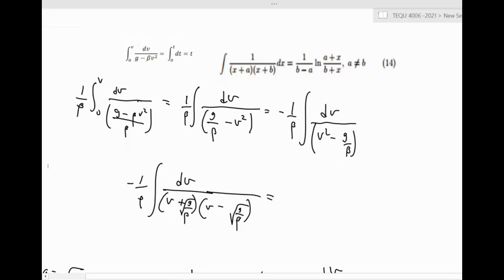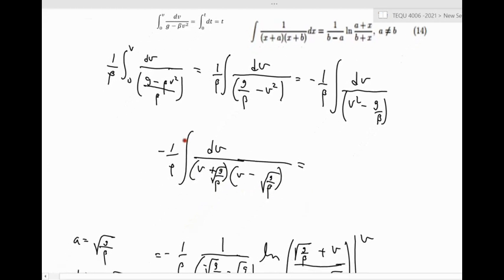If you do that, then you end up like this. Now, you don't like the negative there, so you multiply by minus 1, and you have 1 over beta, and this looks like this. Now we are ready to apply differences of squares. It makes life easier, and it will look more like this: v plus the square root of g over beta, times v minus the square root of g over beta. So we have the positive term and the negative term.